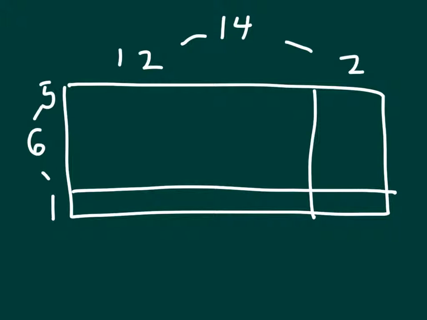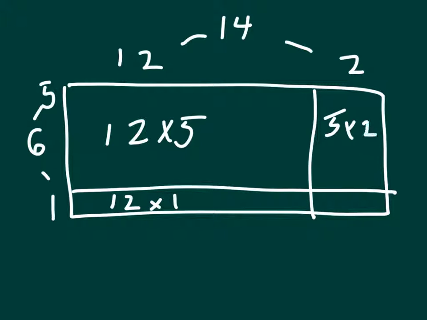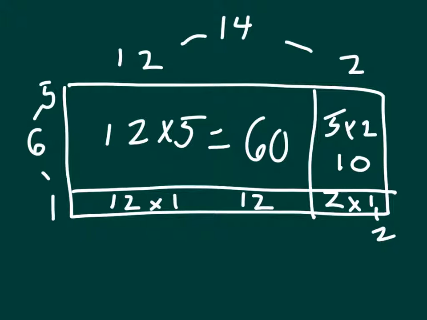Now I've got 4 problems inside of this. I've got 12 times 5, 12 times 1, 5 times 2, and 2 times 1. I know 12 times 5 is 60, 5 times 2 is 10, 12 times 1 is 12, and 2 times 1 is 2. So I've just got to add those up.